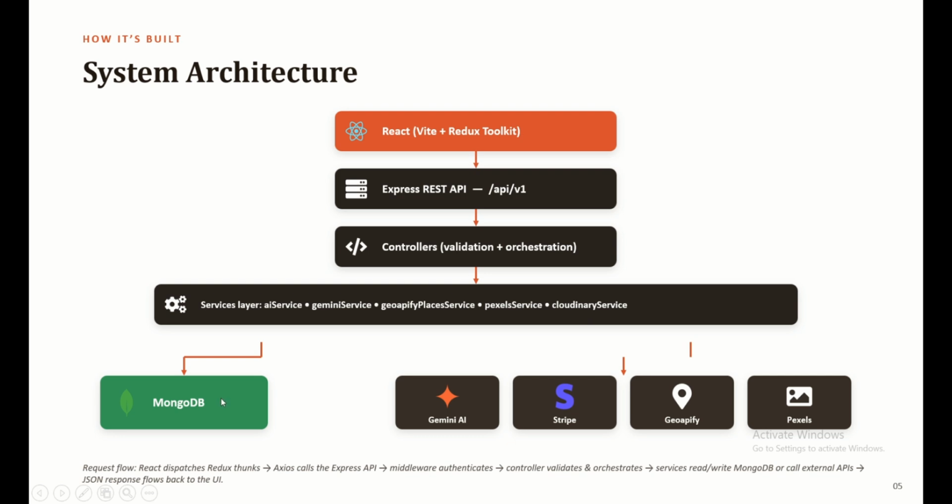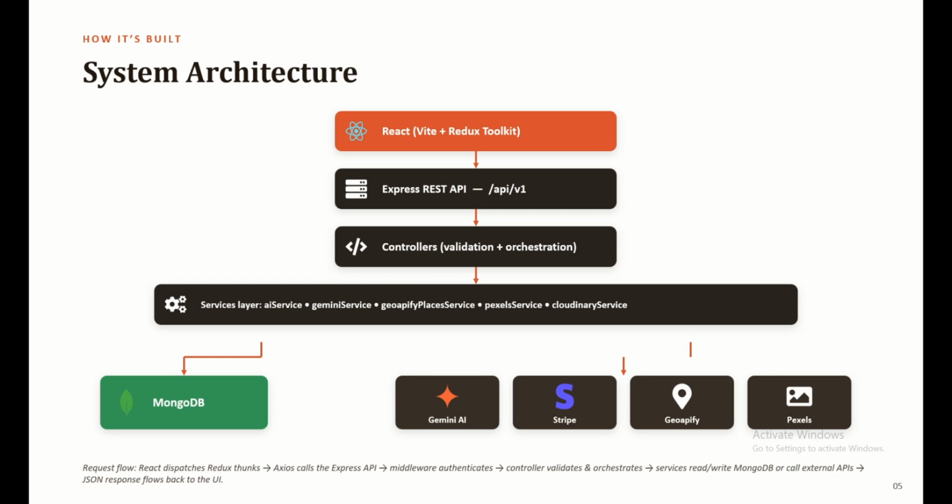Services either persist data to MongoDB via Mongoose or call out to external APIs such as Gemini for AI, Stripe for payments, Geoapify for location search, and Pexels for images. This separation keeps each external integration isolated to a single file, exactly as it is organized in the real backend services folder.